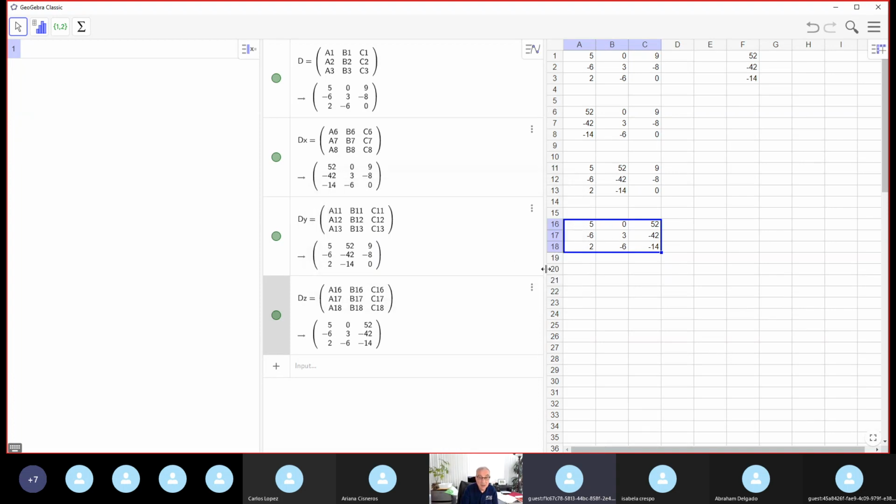Okay. And you compute a determinant. Determinant. In the arrow, you select this option, matrix D, capital D. It is 30, exactly what I did before.